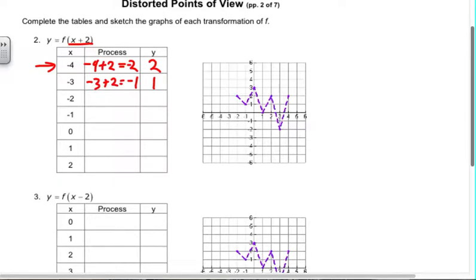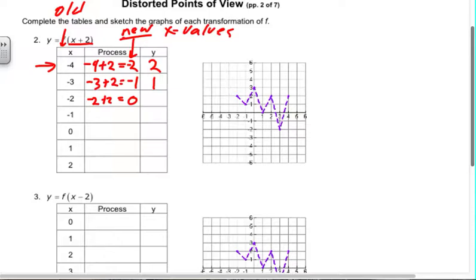Okay, then I'll have -2 plus 2, which is 0. Remember, these are going to be my new x values. These are my old x values. These are from the parent, the original parent function.